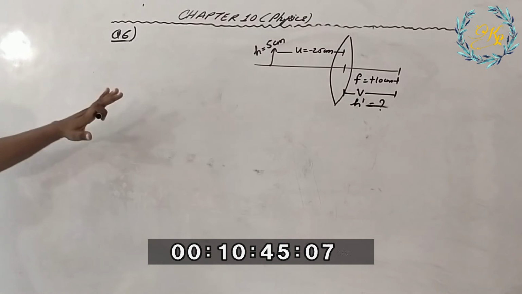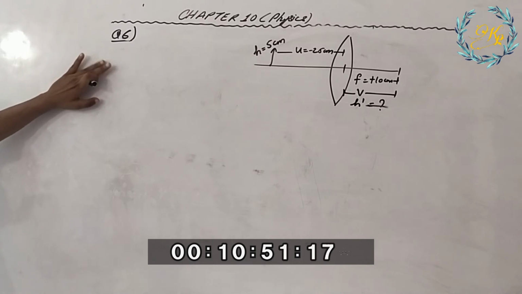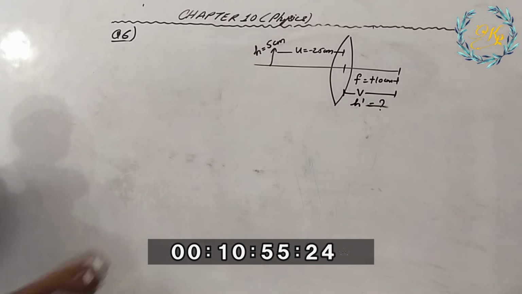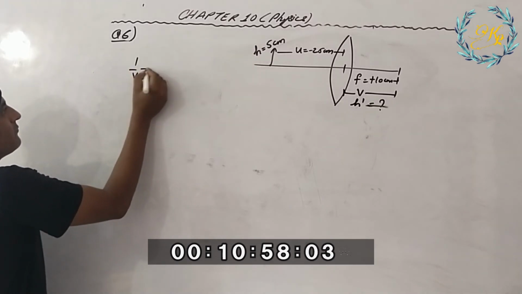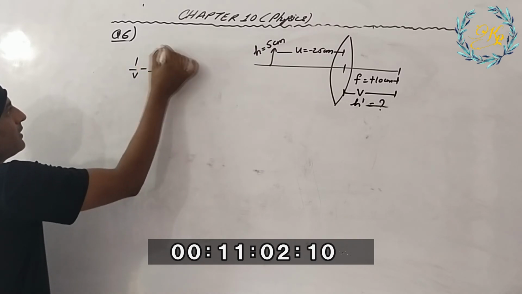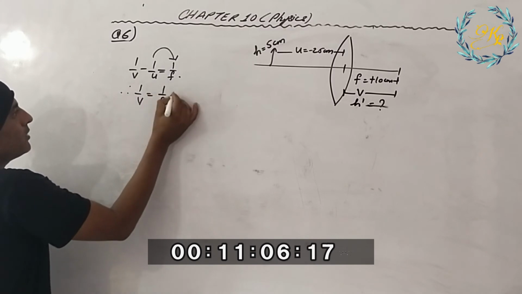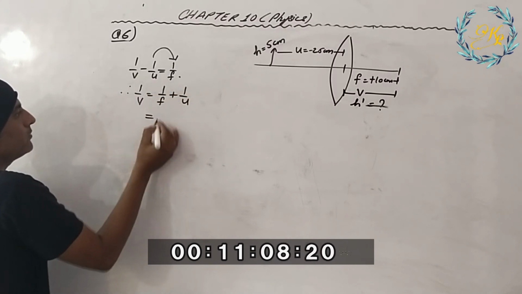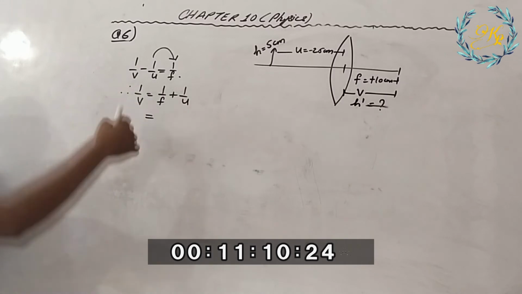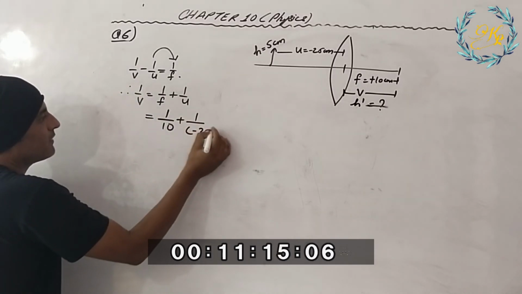Now using all the values that are given to us, we will use the lens formula. Okay, so according to lens formula, first we will find the value of V. We have by lens formula 1 upon V minus 1 upon U is equal to 1 upon F. Taking this value to the right, we get 1 upon V is equal to 1 upon F plus 1 upon U. Placing all the values, we get 1 upon 10 plus 1 upon minus 25.